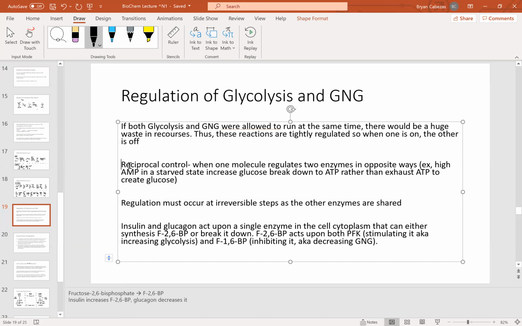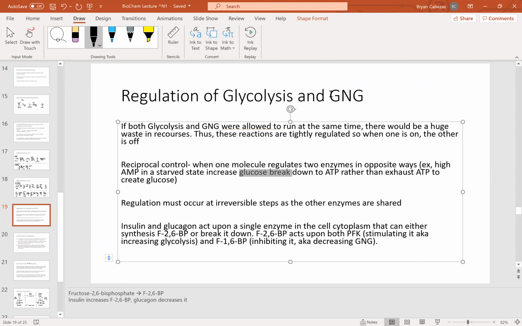And that's called reciprocal control, right? Sometimes a single molecule regulates two enzymes in the opposite way. For example, high AMP, adenosine monophosphate, in a starved state, so like you haven't eaten for a long time and you don't have a lot of ATP, increases glucose breakdown, of course, because we want to oxidize glucose and create ATP rather than exhaust ATP to create glucose, right?